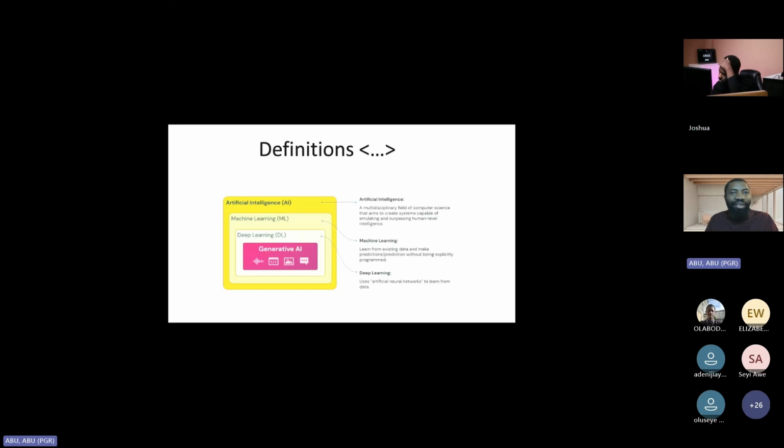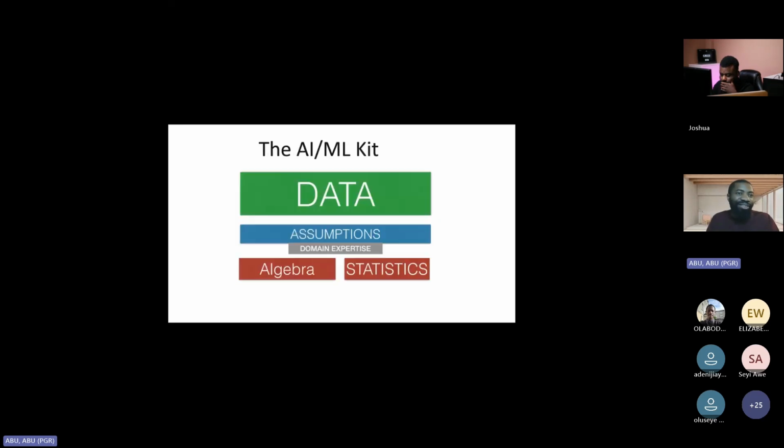We're trying to predict either a numeric value or a category, a class, right? So those are the two broad definitions. I'll just keep it very simple at that level. Under machine learning, you still have deep learning, which is a more advanced type of technique, right, in machine learning. But I'll just keep it at that level.